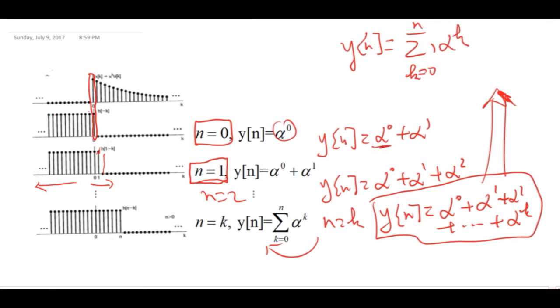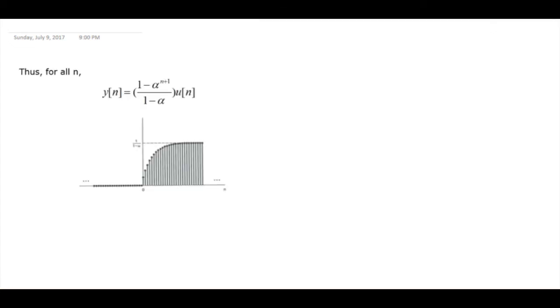That means from alpha 0, alpha 1 all the way to alpha k. But still, how are we going to make this into another tidy expression? Let's come back here. We are considering y[n] equal to alpha 0 plus alpha 1 plus alpha 2 plus dot dot dot plus alpha k.